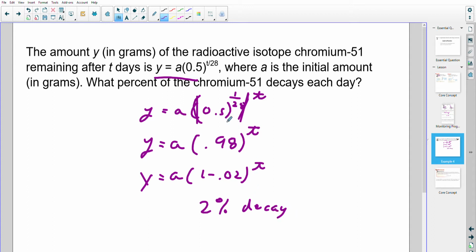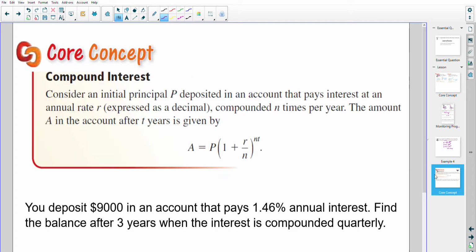So putting it in the form of exponential growth or decay, and then changing that number to 1 minus or 1 plus a number shows us the percent increase or decrease.